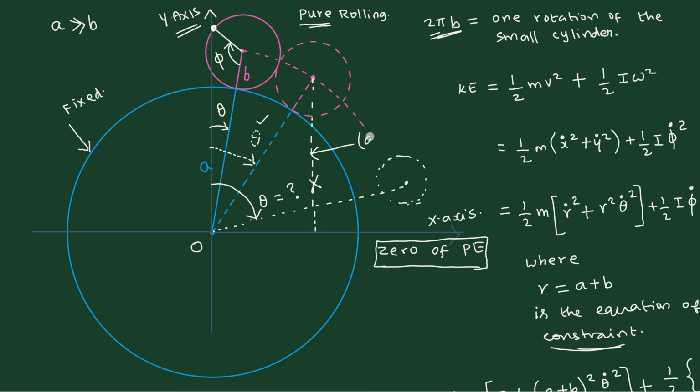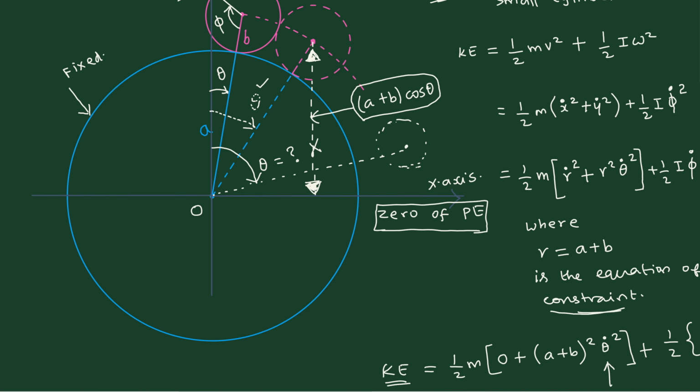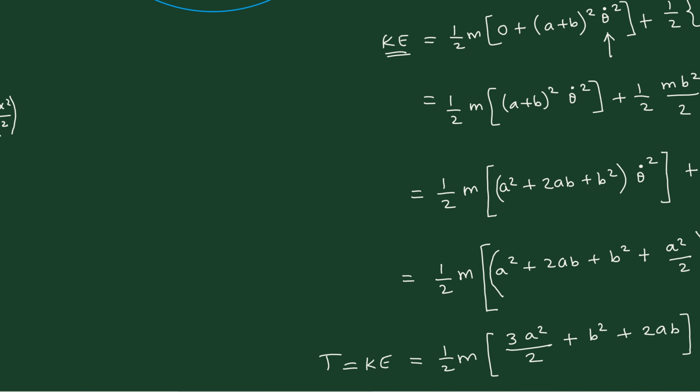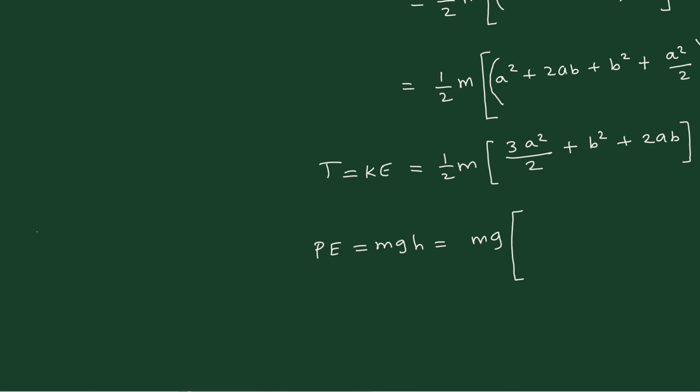This height from here up to this would be equal to a plus b into cos theta. So let us copy this number a plus b cos theta into our potential energy. We'll go down. Here it is.